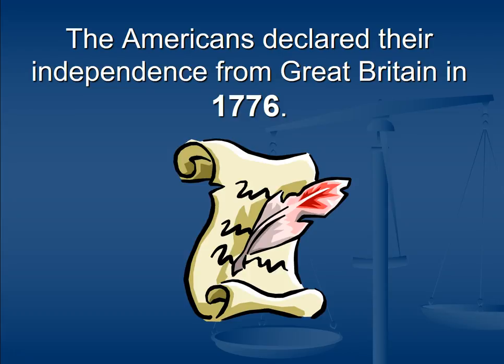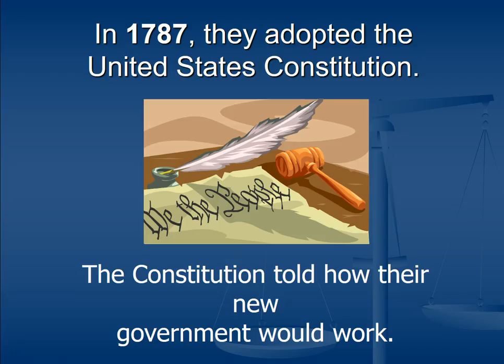The first thing that we need to remember, and I think we all know this, but we're going to go through it anyway. The Americans, of course, declared their independence from Great Britain in 1776, and in 1787, they adopted the United States Constitution.